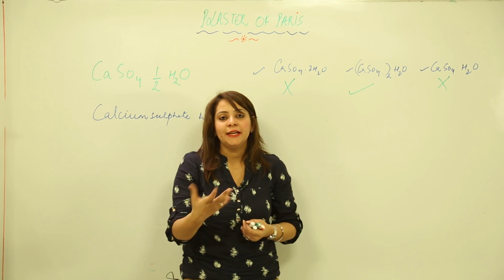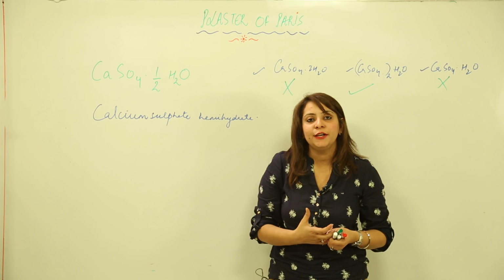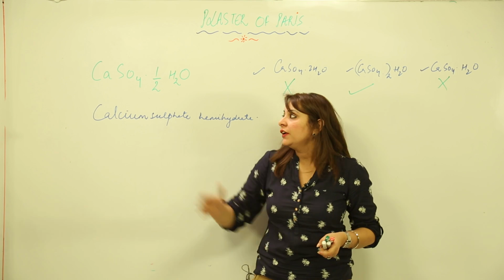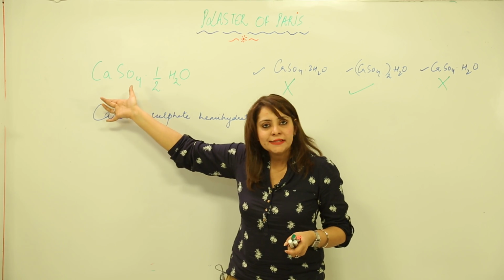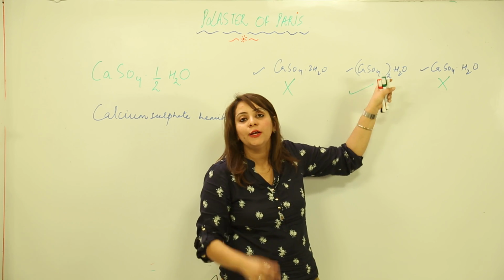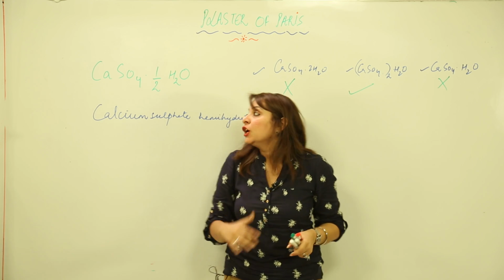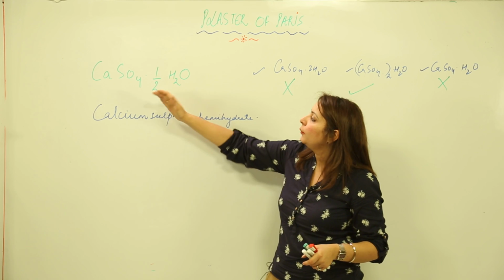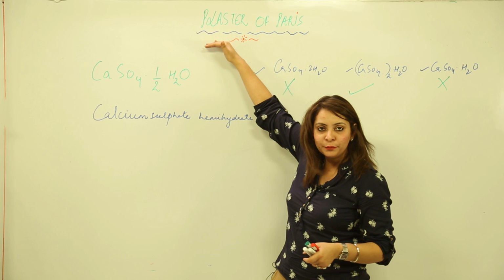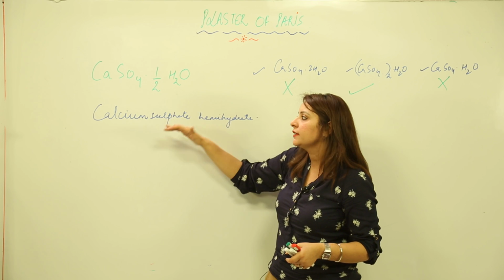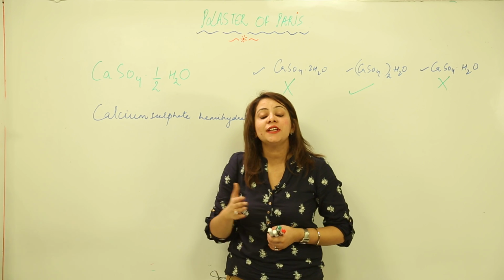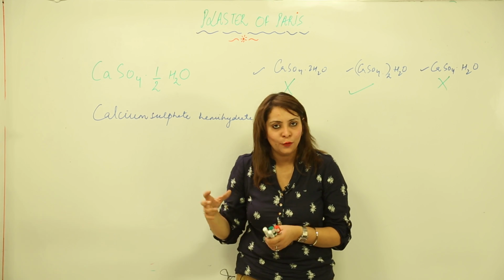If you encounter this kind of question in an exam, keep in mind that these mean the same. So this is the chemical formula for plaster of Paris. The common name is plaster of Paris, that is POP, and the chemical name is calcium sulfate hemihydrate. And now you also know why the name POP is kept.